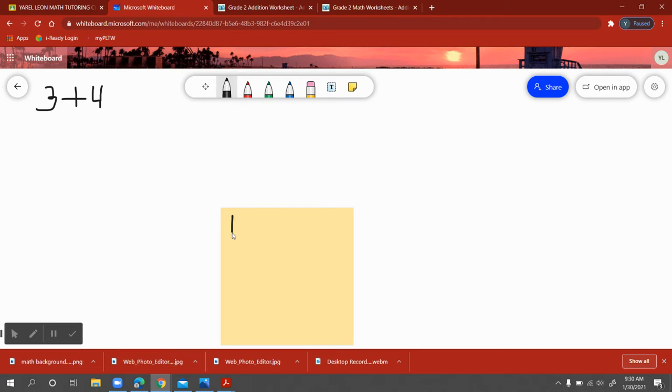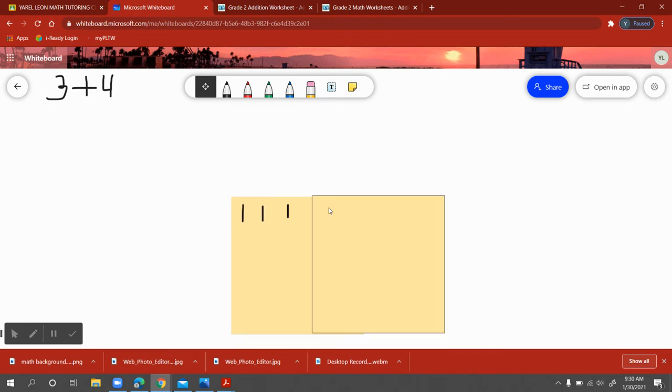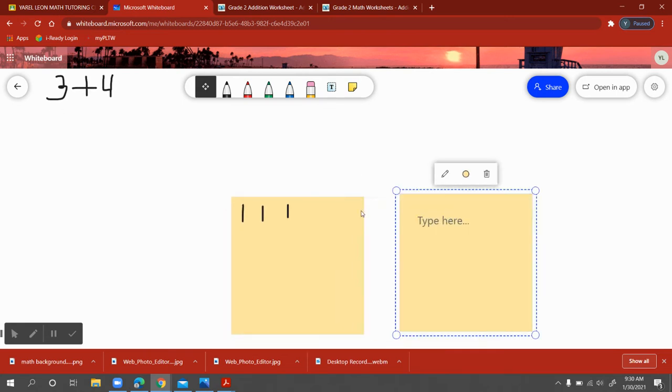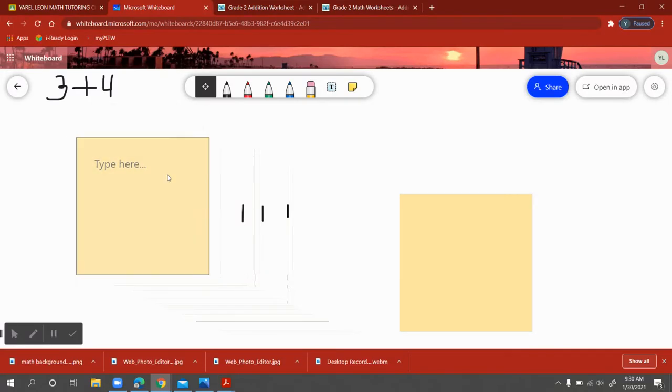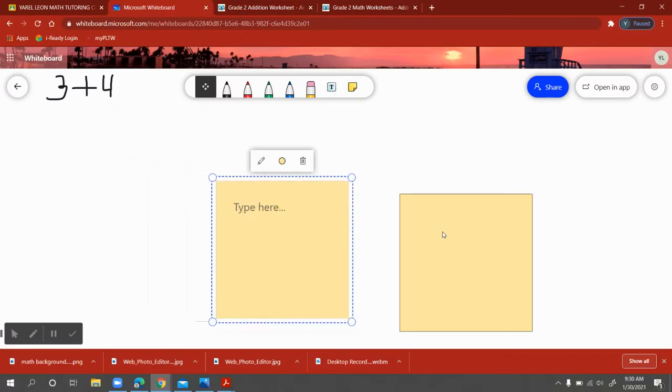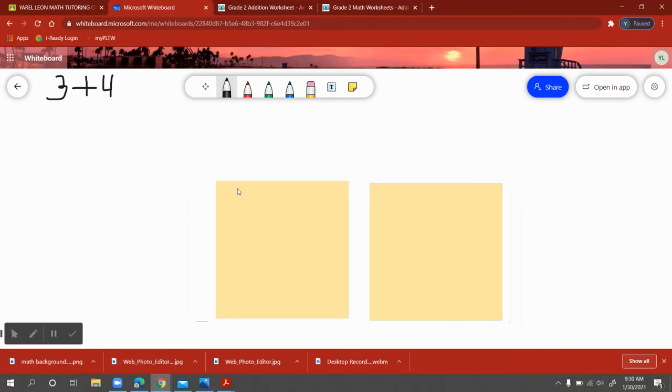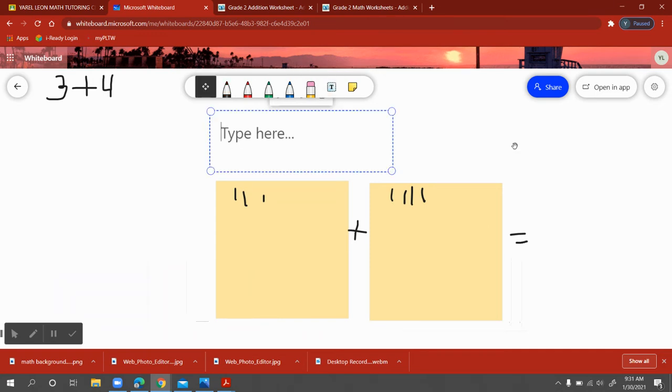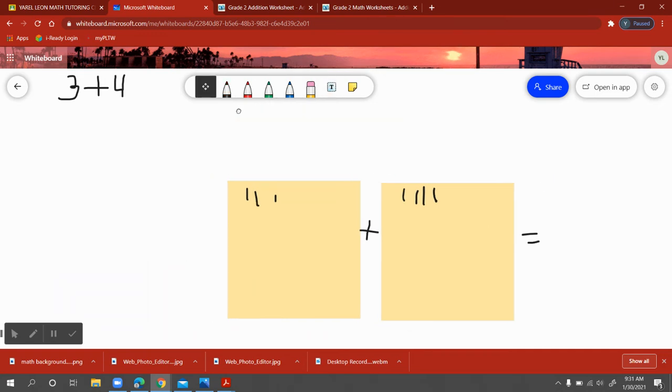Derek has 1, 2, 3 on his sticky notes, but then Sally over here has 4. So Jack says, hey Sally, let's combine these so we have a bigger amount. So we combine. And it equals, if you guess right now, let's see if you get it right.